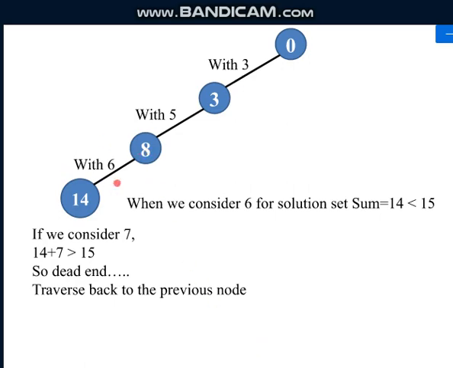If I consider 6, the sum is 8 plus 6, which is 14. 14 is still less than 15. But if I consider the next element in the set, which is 7, the sum will be 14 plus 7, which is greater than 15. So this didn't give us the solution. There is a dead end here, so we will traverse back to the previous one.